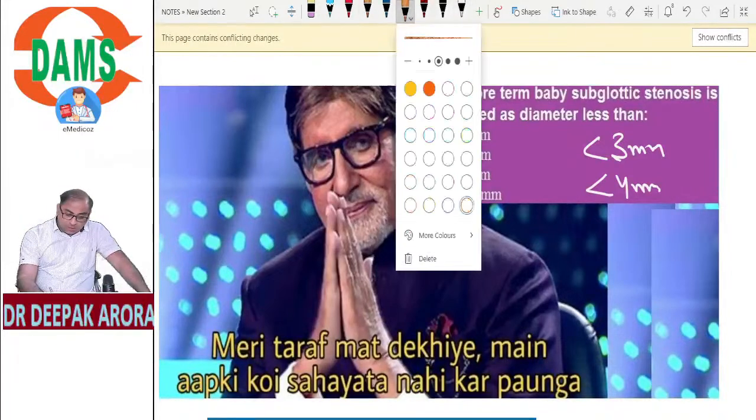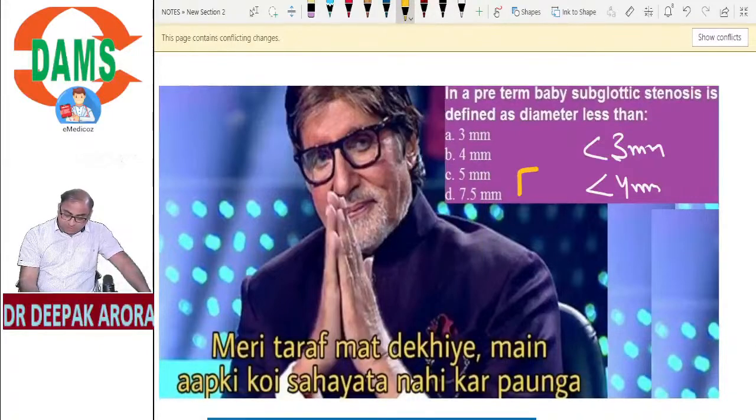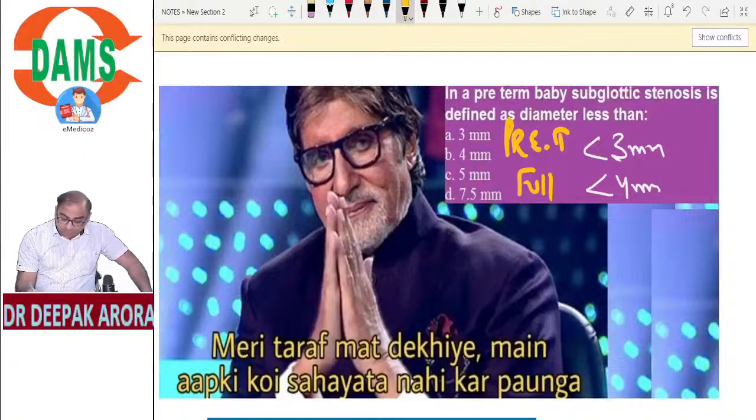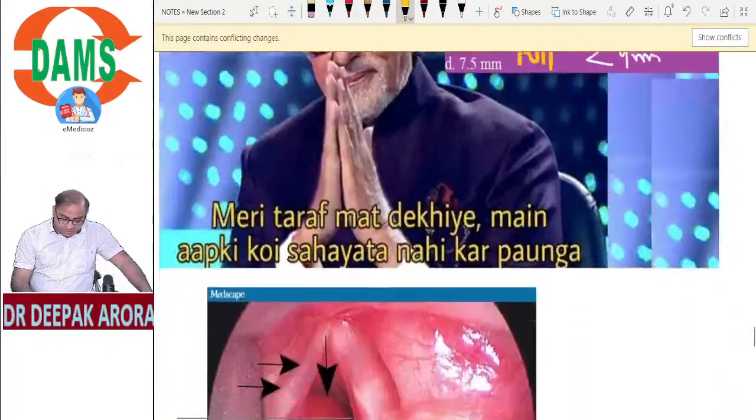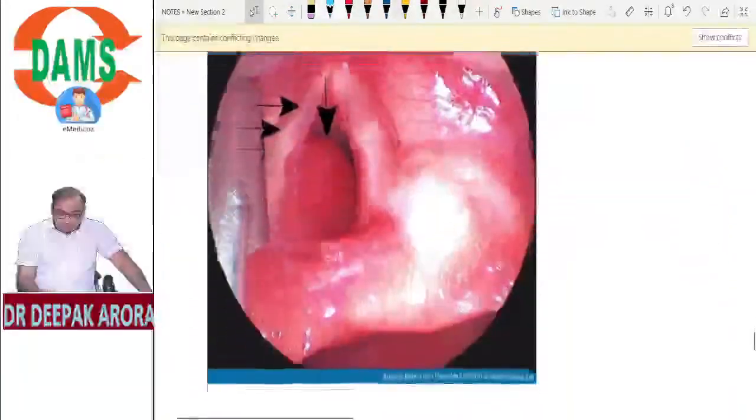F for full, F for 4. Just remember, in a full term baby, it is less than 4 mm. In a preterm baby, it is less than 3 mm. Is it clear? Comfortable? Coming to the next one.